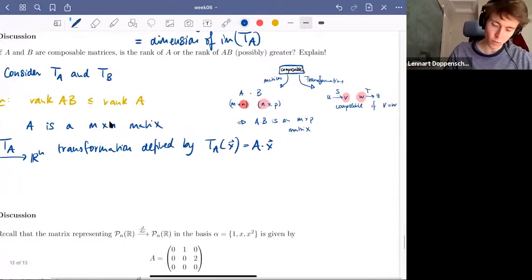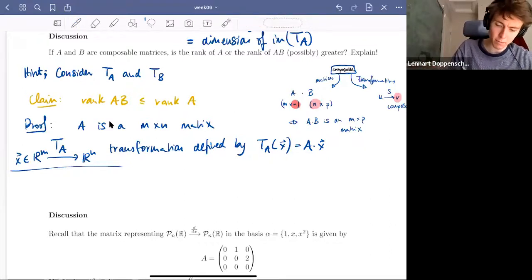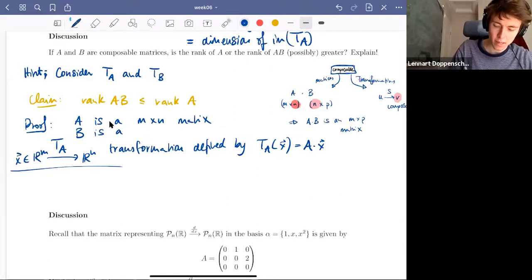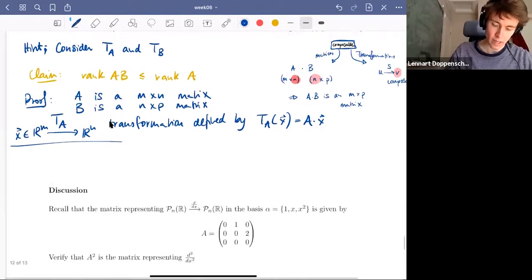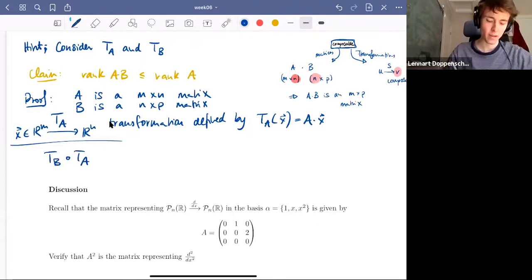Anyways, so now why is this helpful? If we now have a matrix B that is composable, this means that B has to be a matrix of size n cross something. So I'm just going to say that B is an n cross p matrix. And so this means that we can write T_B composed with T_A of x.